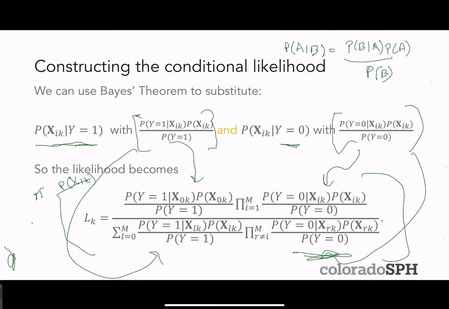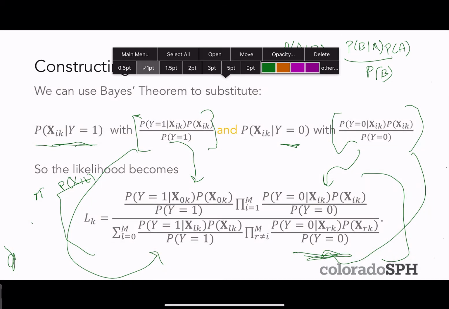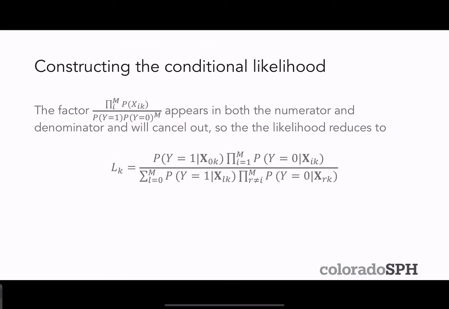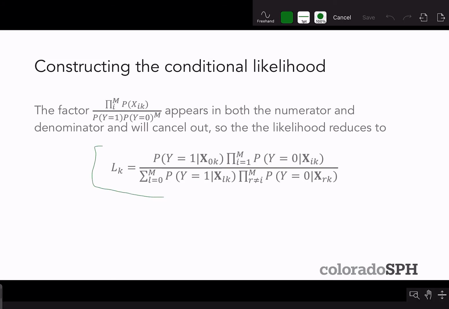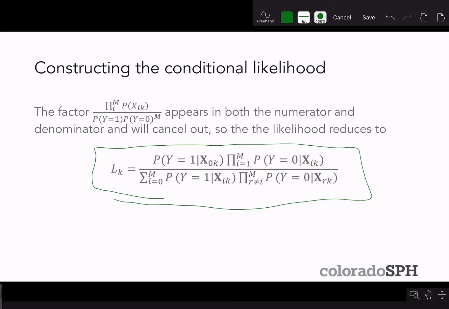And so those terms are actually going to cancel from the numerator and the denominator. And you'll end up with a form of the likelihood that looks like this. Sort of a reduced, more simplified form, just in terms of the probabilities of the y's given the x's.